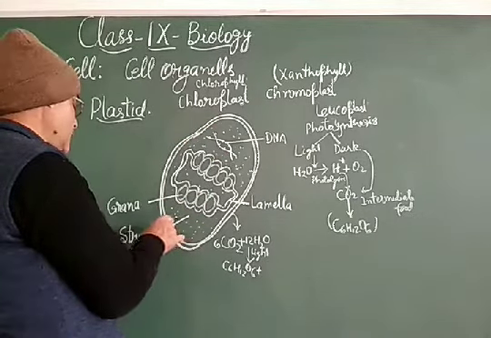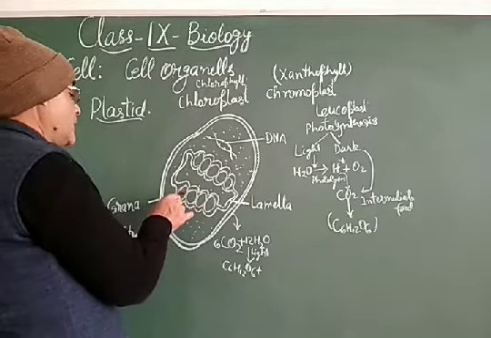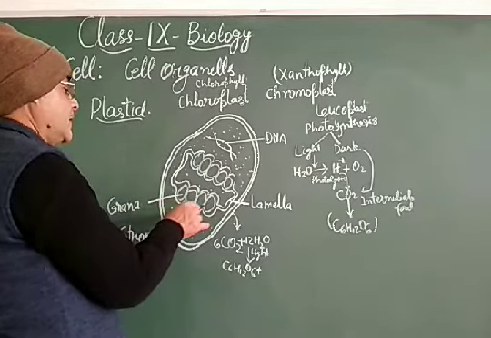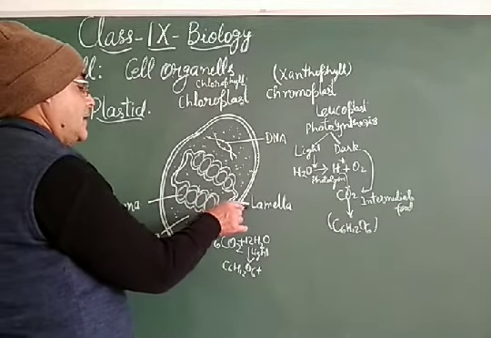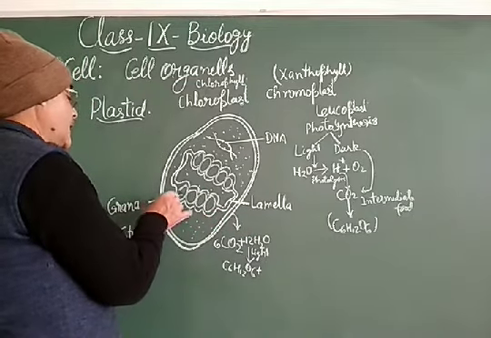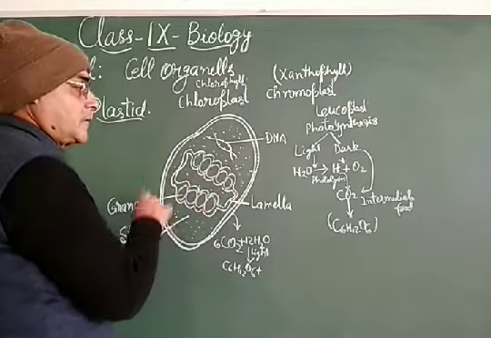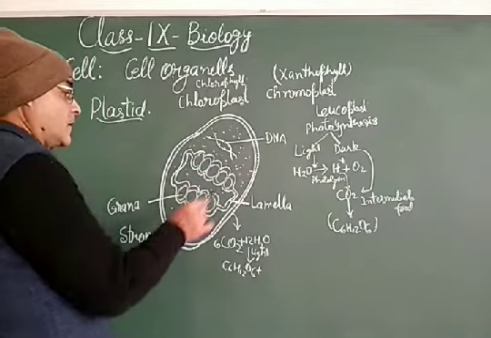Deep grooves are called stroma, and the small chambers like photoreceptor plates get arranged and connected by the lamella, and they are responsible for trapping the light and the process of photolysis of water.